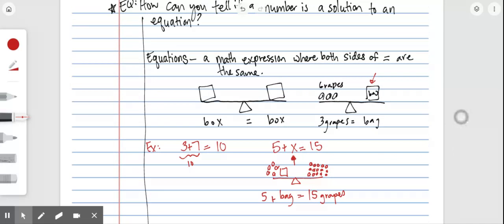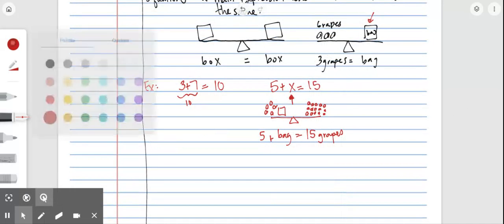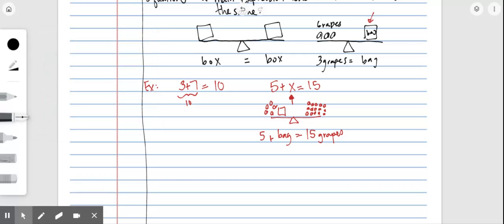So a solution to an equation is a number that works as the value of a variable to keep it equal. So for example, for up here when I have 5 plus a bag, the bag value equals 10. This is a possible solution to that equation.